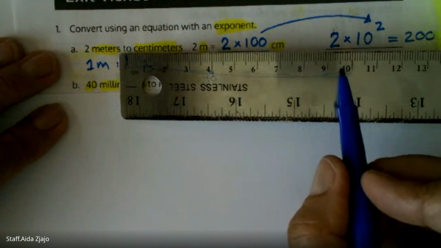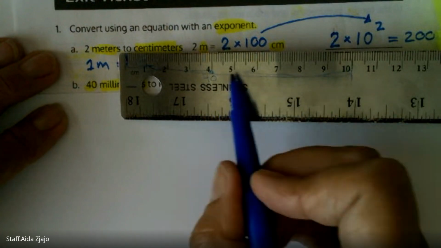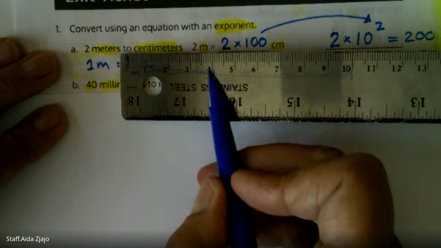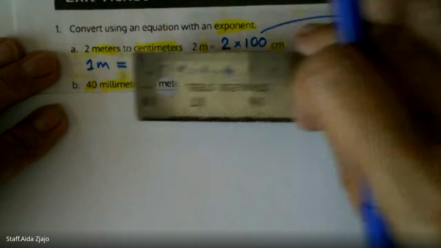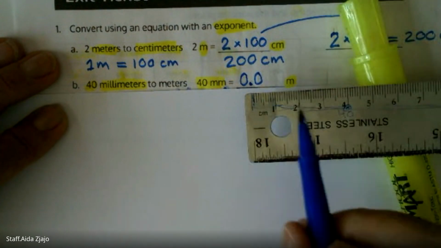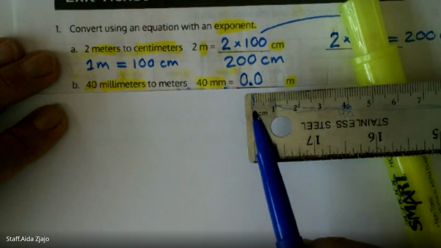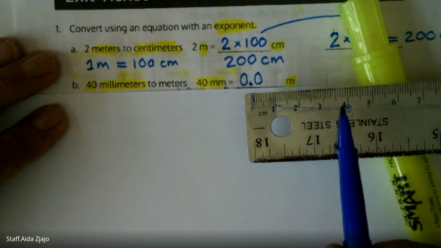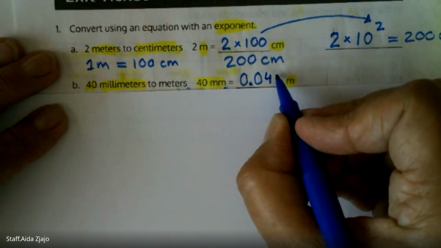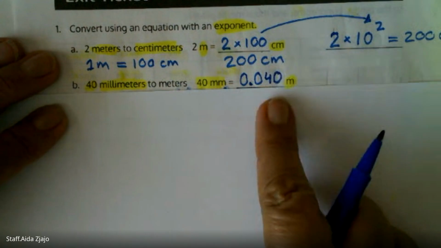Decimeters is still here. So you don't have even decimeters. You are right here. That means you have 0 decimeters, but you have 40 millimeters, and 40 millimeters is 1, 2, 3, 4 centimeters. So you have 4 centimeters, or 40 millimeters.